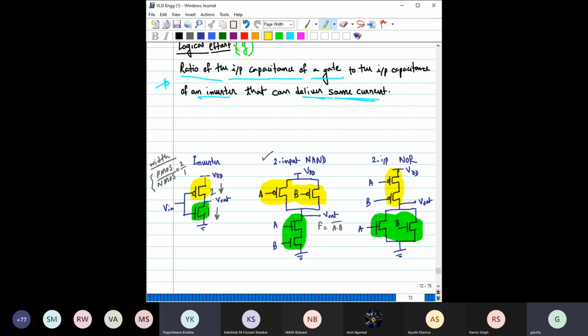Now, tell me quickly, what will be the size of this NMOS for the 2 input NAND? The criterion is we want the resistance to be the same for the pull down network.